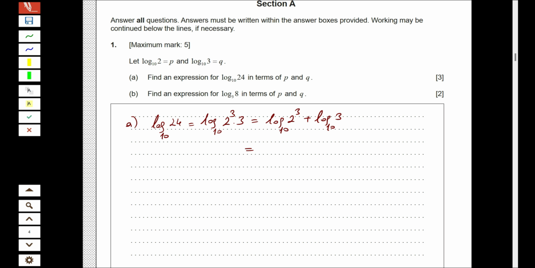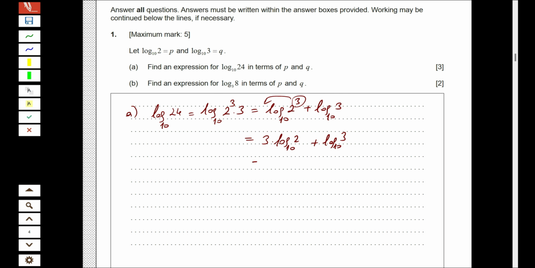The other attribute of the logarithm lets you take the power in front of the logarithm, so you can write 3 times log base 10 of 2 plus log base 10 of 3. We know that log base 10 of 2 is p and log base 10 of 3 is q, so it is 3p plus q.